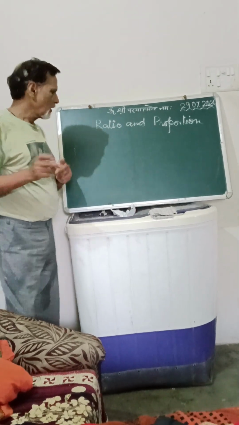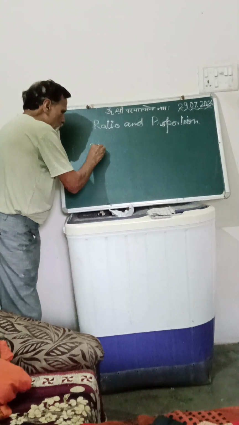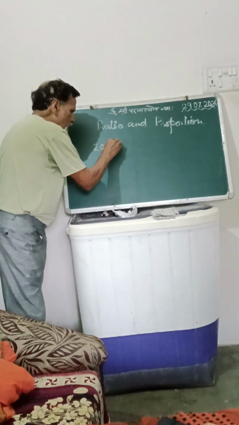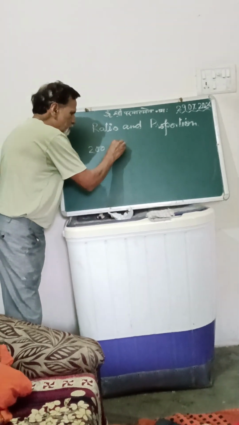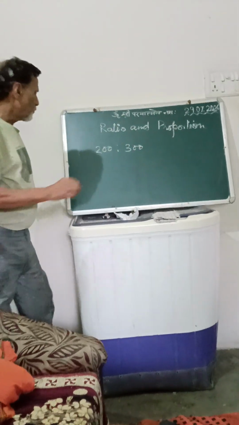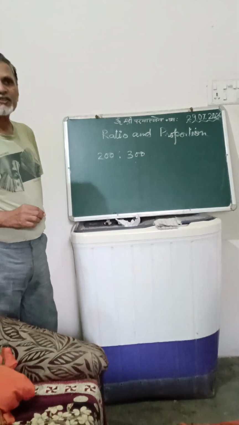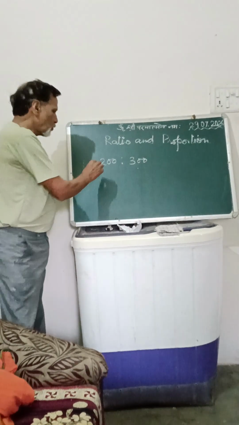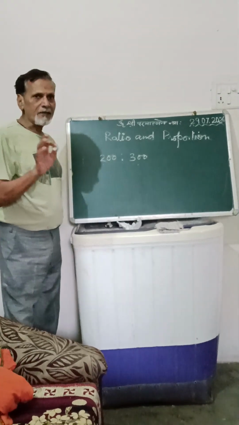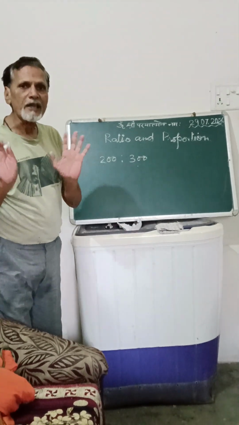For example, suppose yesterday you spent rupees 200 and today you spent rupees 300. What is the ratio between these two days' expenditure? So you will reduce. Mind it, ratio are those numbers which cannot be reduced again.